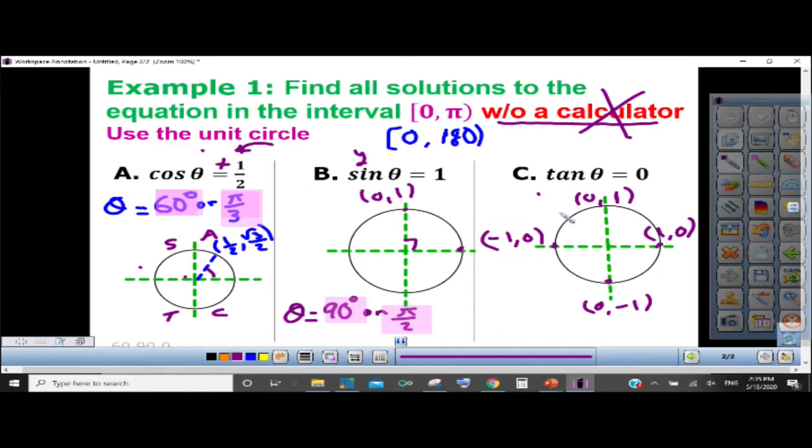So now I have a question. Tangent theta equals 0. What is the angle that you're looking for? It has to be 0 at the top. 0 is the y. I'm dividing that by the x because I want to end up with 0. Remember, if you want to end up with 0, it has to be at the top, not the bottom. If you put the 0 at the bottom, it will give you an undefined, sad-looking face.